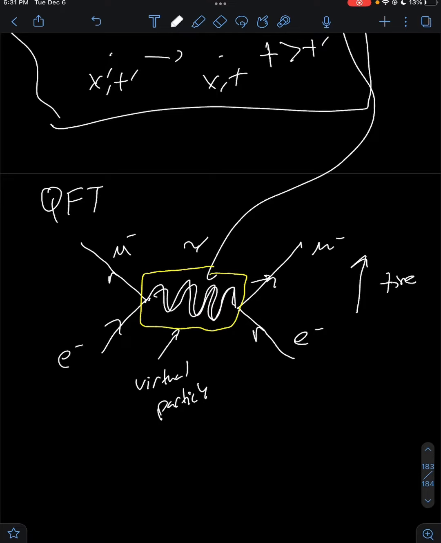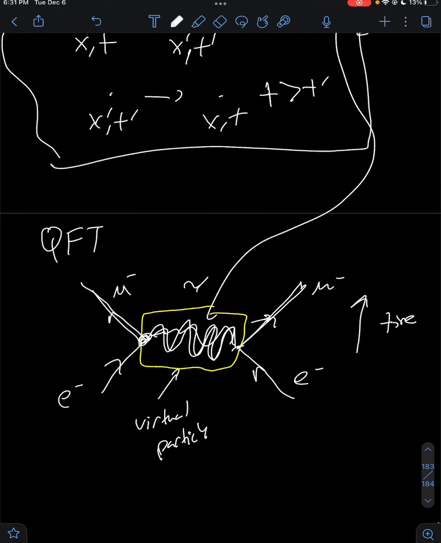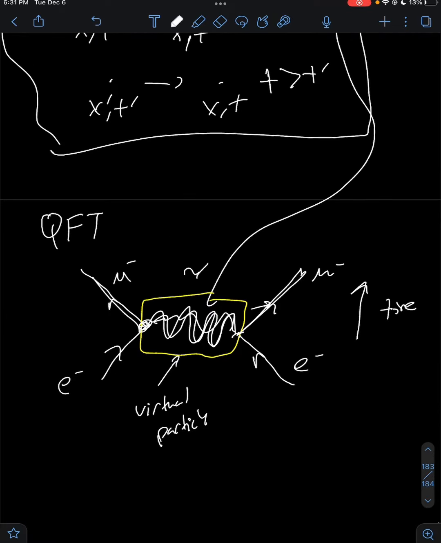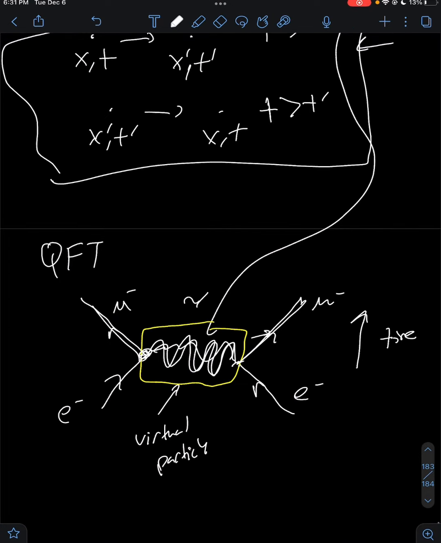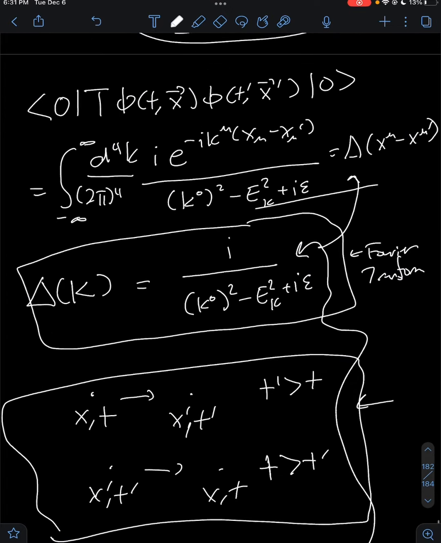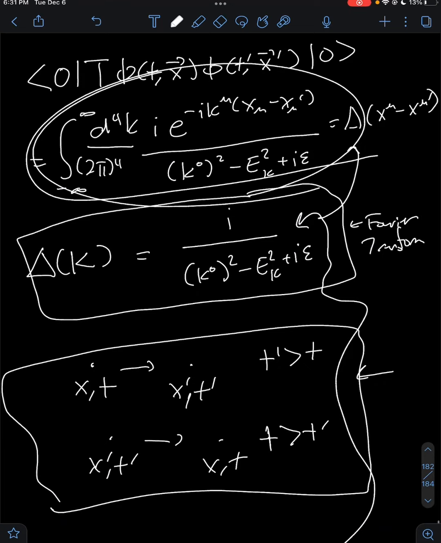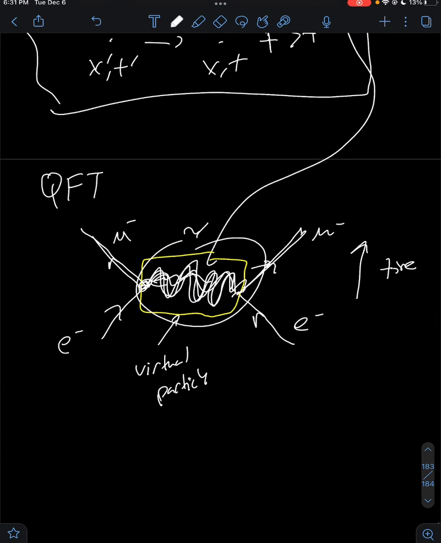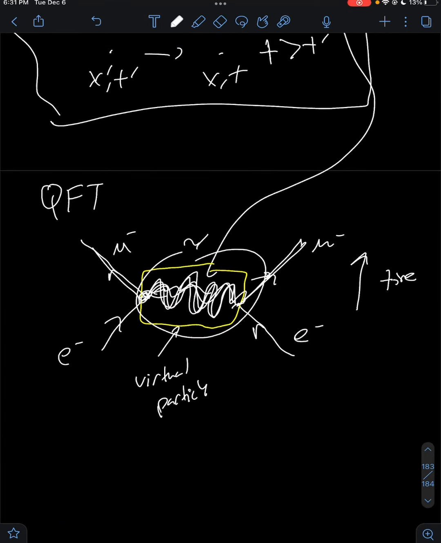They create a photon that comes from nothing, and the photon gets destroyed eventually at this point, and that causes the electrons to generate muons or whatever. But that's misinterpreting these Feynman diagrams, because remember, this internal wavy line, this virtual particle, represents this over here. It's not that this represents this, it's the other way around.